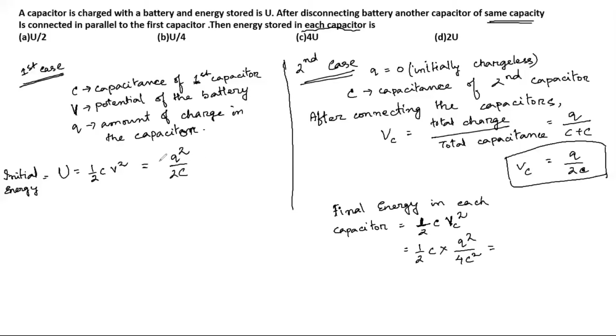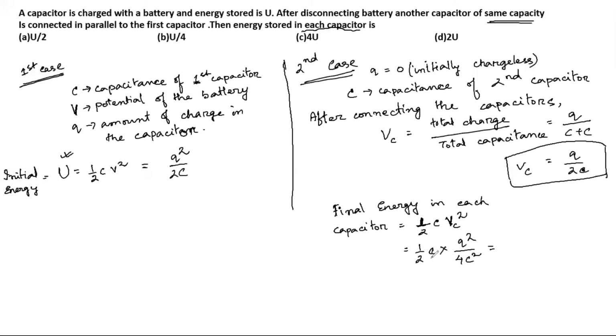I think in one of the videos I have explained how the energy stored in any capacitor can be brought in terms of CV, in terms of QC, and then the third way, in terms of QV. There are various ways in which you can express the energy stored in any capacitor.